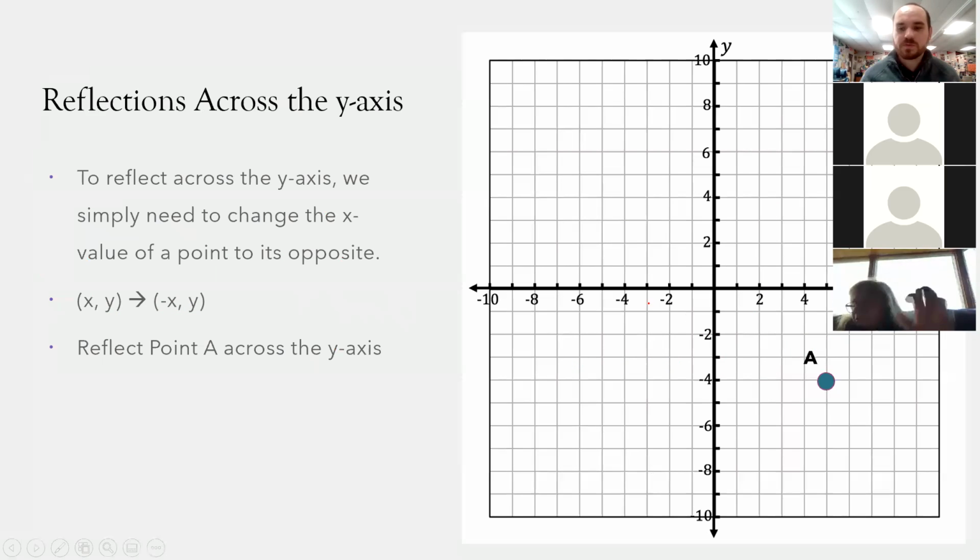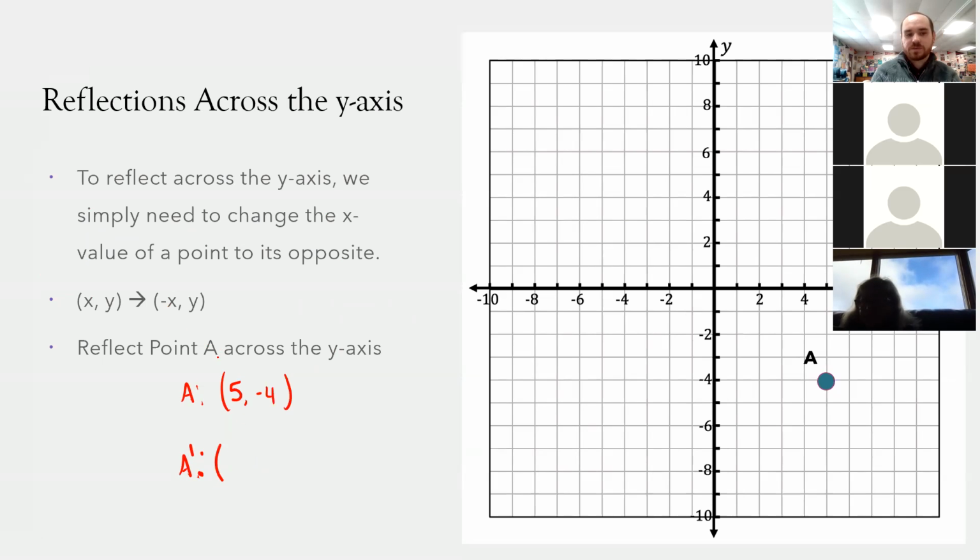So let's reflect point A across the y-axis. Once again, point A is at the point 5, -4. So A prime. What we're going to do is change the x value to its opposite. So what is the opposite of +5, everybody? At least -4.5, I'd imagine. That's actually not true.